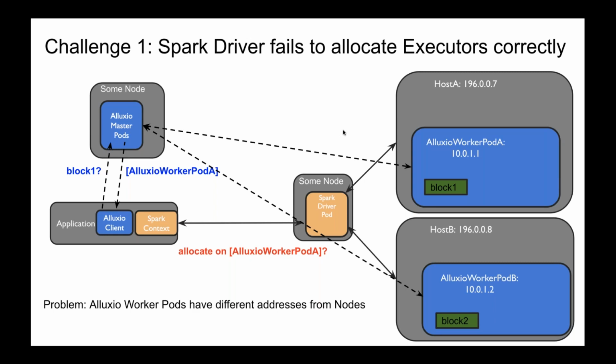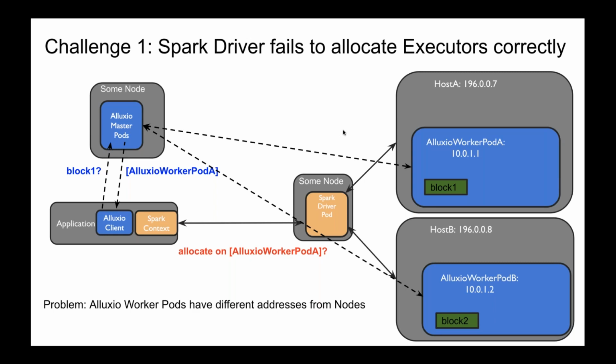Block 1 is currently cached on worker pod A, and block 2 similarly cached on worker pod B. Now when the Alluxio client on the Spark application side asks, where is my block 1? The Alluxio master will only know that it's on something called Alluxio worker pod A, which is the Alluxio worker host name.